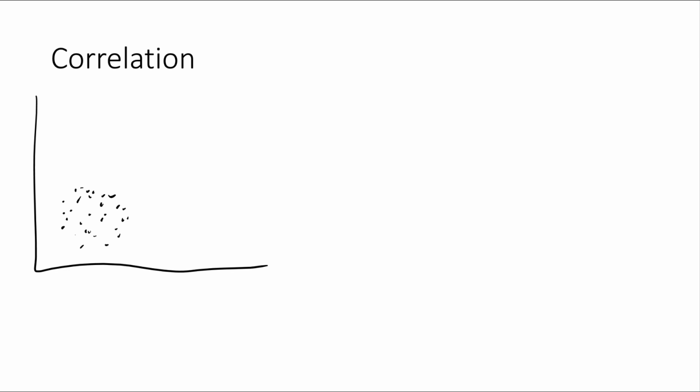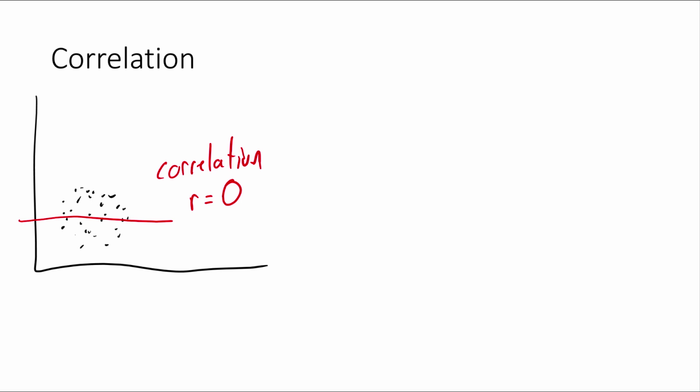So the one I've drawn here, there's just kind of a blob of points. And so this would likely have a correlation, which is the letter R, of 0. There does not appear to be any pattern. As x gets larger, y does not tend to get larger or tend to get smaller.